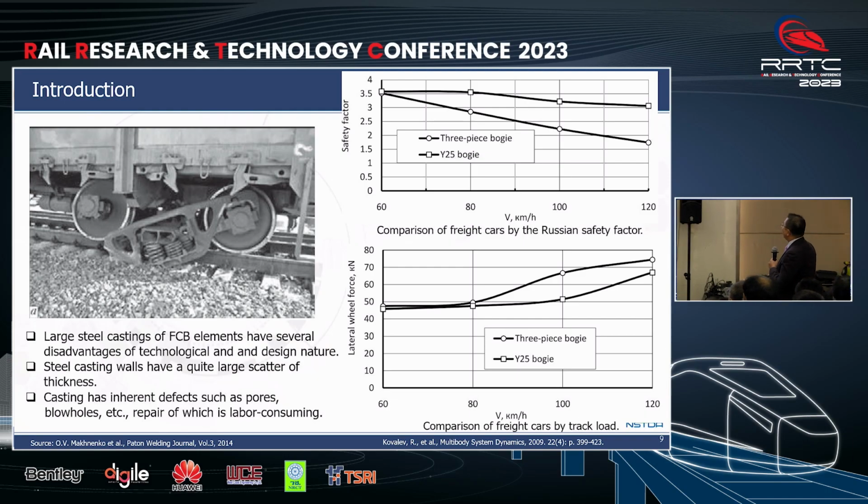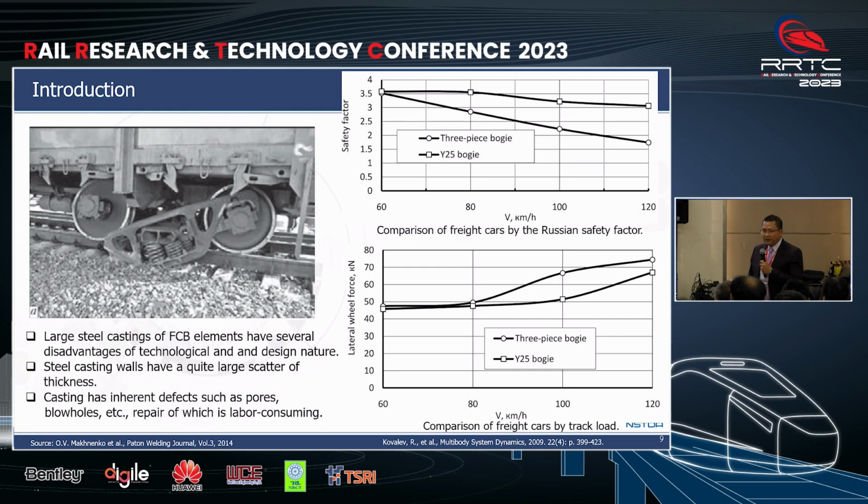Another thing I would like to mention here: if you look at the behavior of the bogie, comparing the Y25 and the 3-piece bogie, the safety of the Y25 bogie is a little bit higher than the 3-piece bogie at various speeds. You can see from this picture.